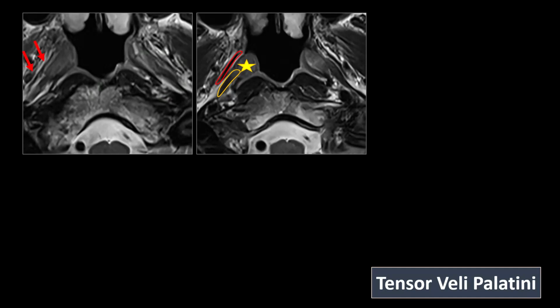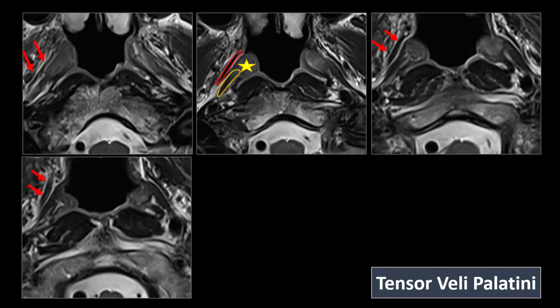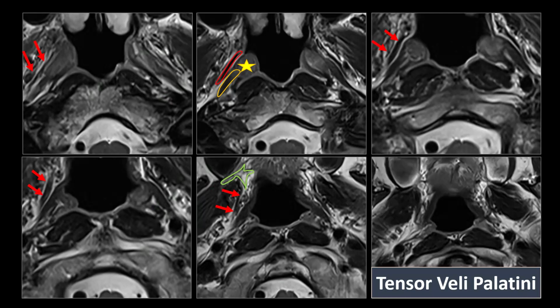Here it is. If we scroll one image up, and if we now scroll down, we can follow it all the way to the level of the, look at the arrows, medial plate of the pterygoid bone. And here it does not insert, but it makes a hook, and then it turns medially to insert on the aponeurosis of the soft palate, but that is something that is not easy to recognize on images.